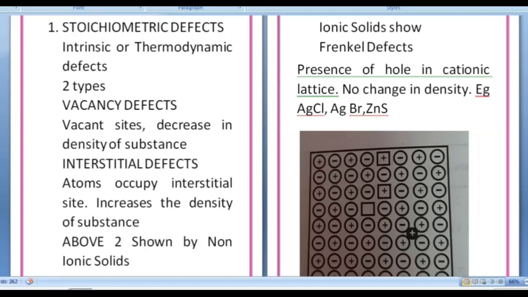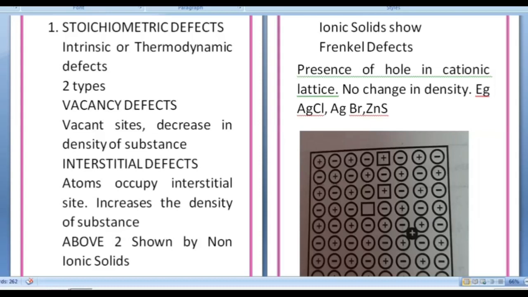Now if someone leaves his or her row and comes and sits in the empty space in between the two rows, that space is called interstitial space, and atoms also come and occupy the interstitial site. So this type of defect is called interstitial defect. It increases the density of the substance.